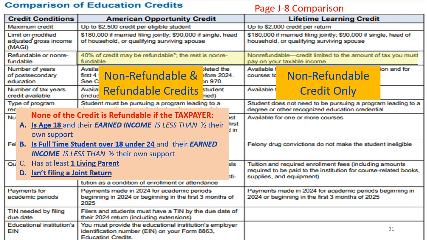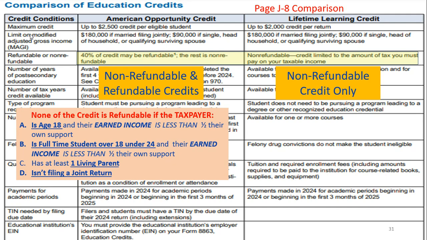American Opportunity is not refundable in some cases. It says none of the credit is refundable if the taxpayer is age 18 and their earned income is less than half their support. So if I'm 18 and I'm going to college and I make money, but my money is less than half my support, I can't take the credit.